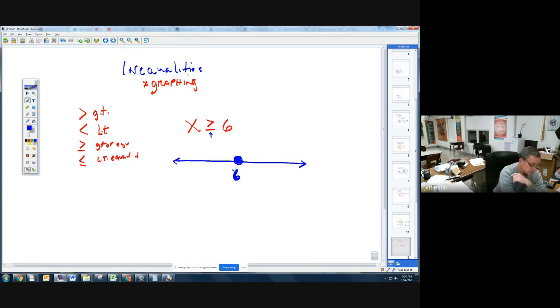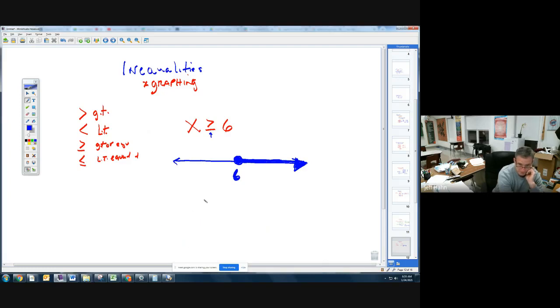An open circle signifies that it starts at 6 but does not include 6, because 6 is not greater than 6, it's equal to 6. And then you need to color in the side of this line where the numbers are greater than 6, which would be this side here. So you make this side a little bit heavier, and you make this arrow a little bit bigger, so we can tell that x is those numbers that are greater than 6.